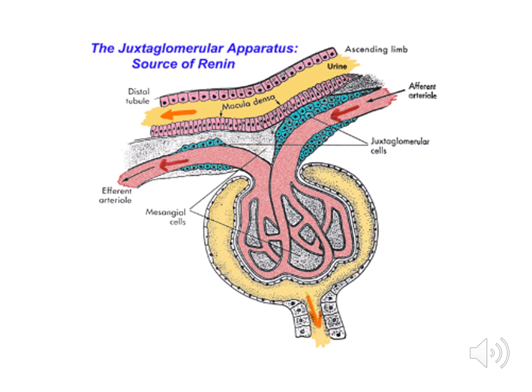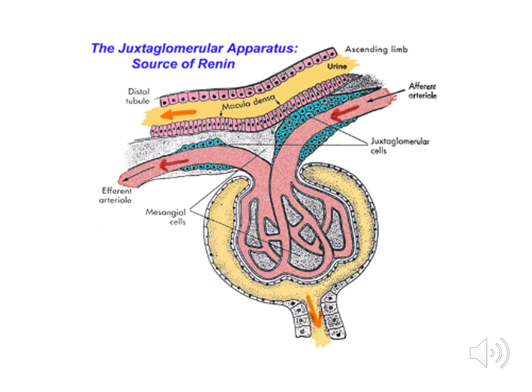So the juxtaglomerular cells are monitoring blood pressure in the arterioles and the composition of the filtrate, and using that feedback to help the kidney decide how much renin to make, which will then affect blood flow to the kidney.